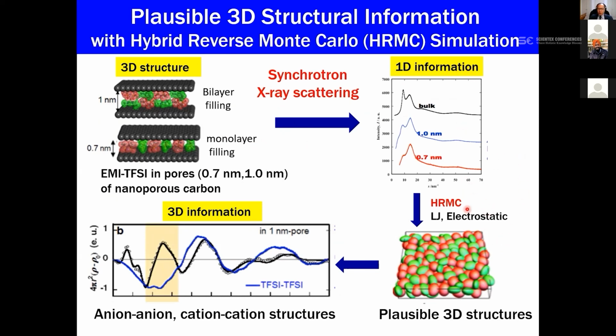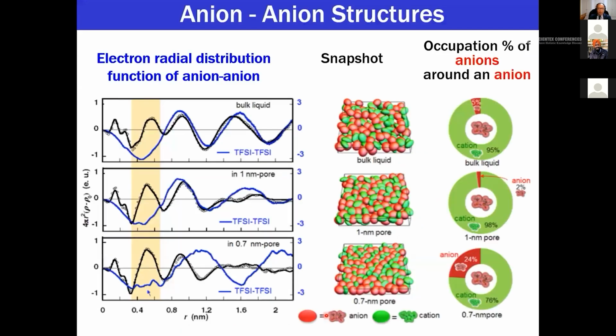Then we applied hybrid reverse Monte Carlo simulation to obtain plausible 3D structures. Once we can get 3D pore structures, we can obtain anion and cation structural information. Here, I want to show you such results.